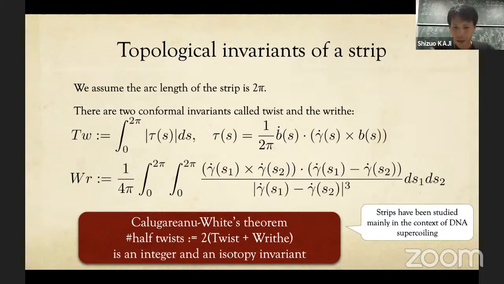And twice the sum is equal to the number of half twists. So the Möbius strip has one half twist, and sometimes you have a strip with 3 half twists. But anyway, the number of twists can be decomposed into two factors, each of which is not an isotopy invariant, but just a conformal invariant.